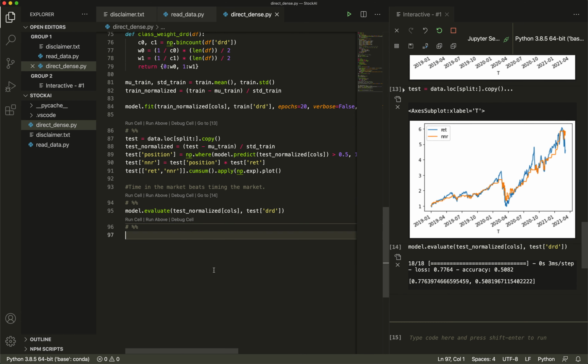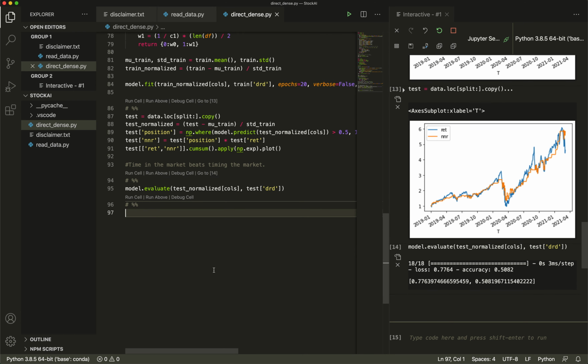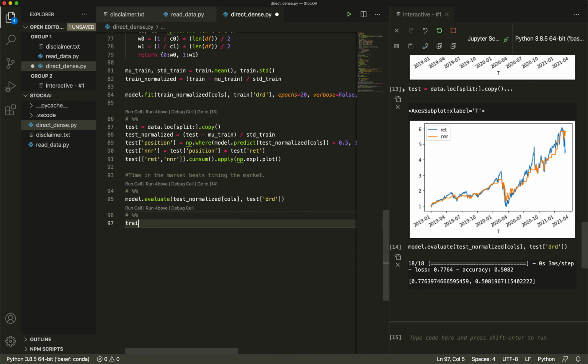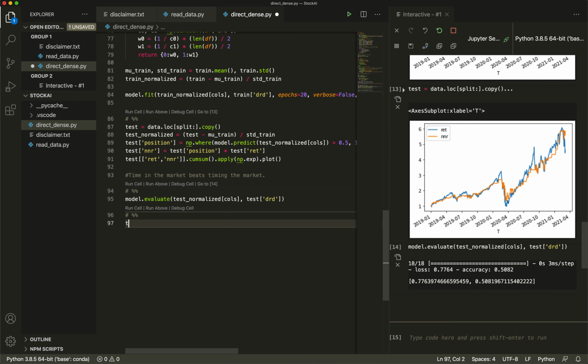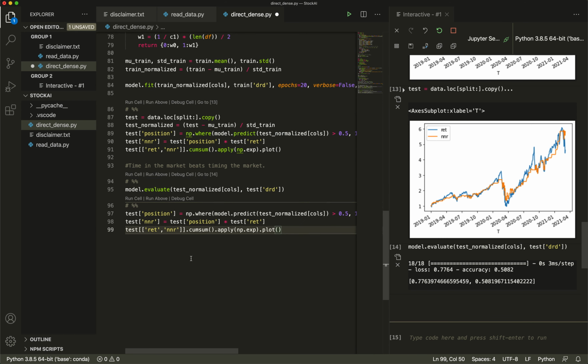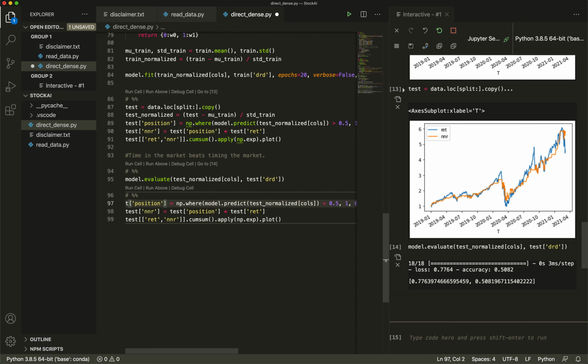It might be worthwhile to also plot the neural network return for the training data, right? So what I'm going to do is to do train position. Basically all I have to do is copy this part of the code over. So instead of test, I do train.